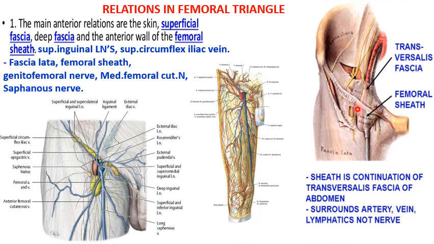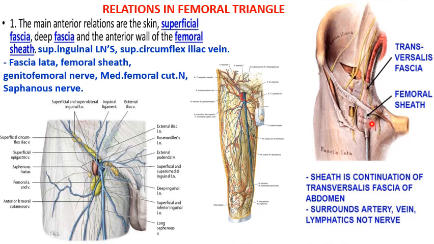So a bit about this femoral sheath. It is a funnel-shaped extension of the fascia, which is the continuation of fascia transversalis anteriorly and fascia iliaca behind. This is fascia iliaca. As these external iliac vessels descend down into the front of the thigh, they pull these fascias on which they are resting also a bit into the femoral triangle.